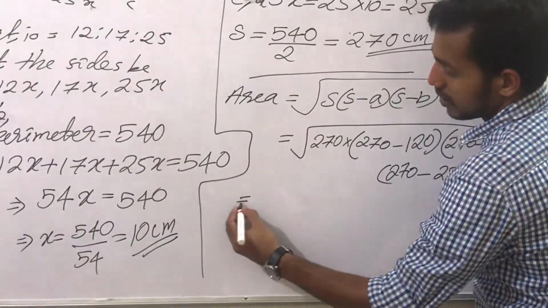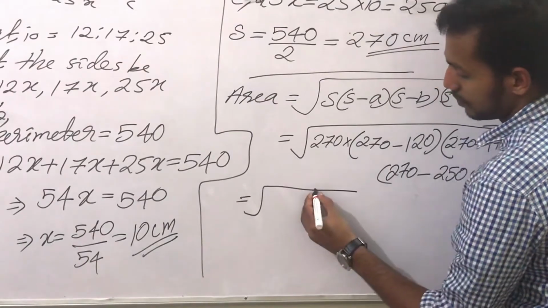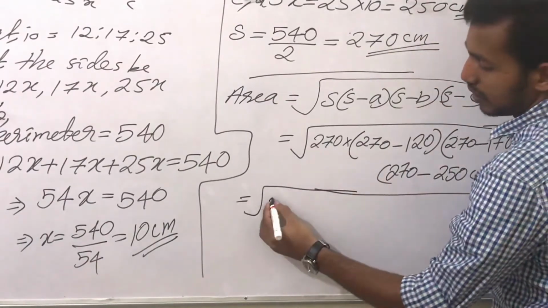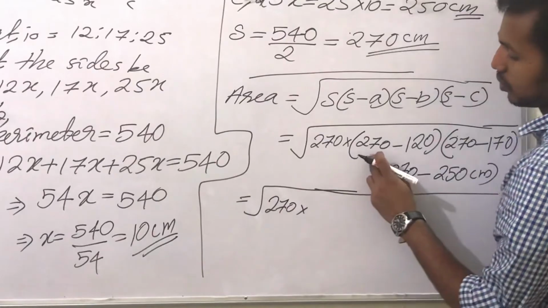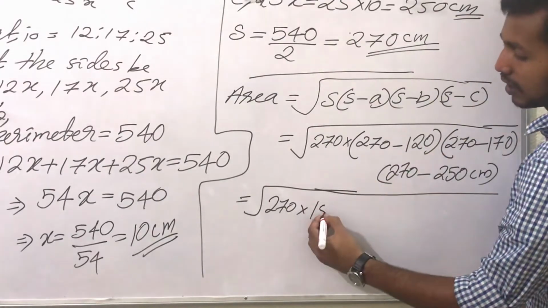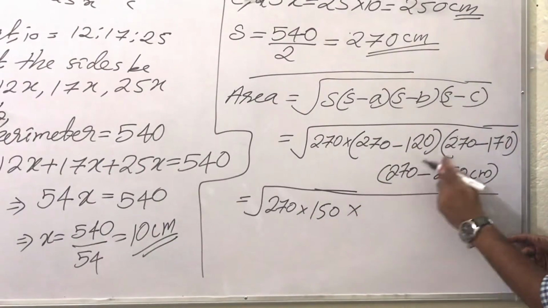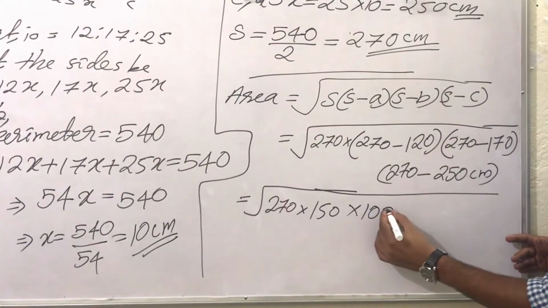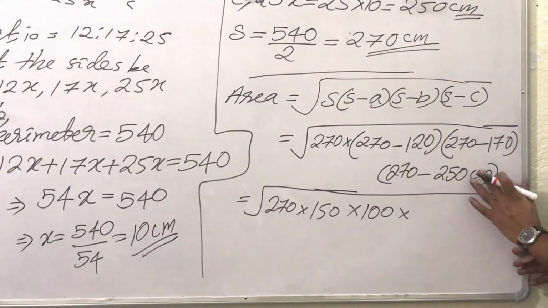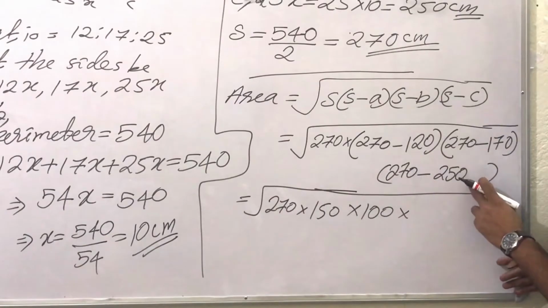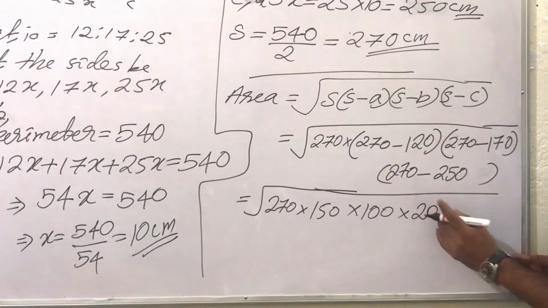Then area is equal to square root of 270 into 150 into 100 into 20, since 270 minus 120 is 150, 270 minus 170 is 100, and 270 minus 250 is equal to 20. Centimeters, not meter.